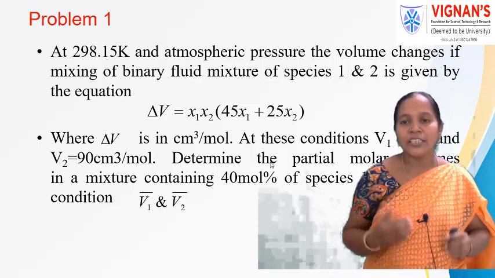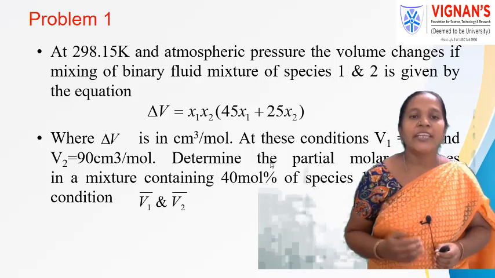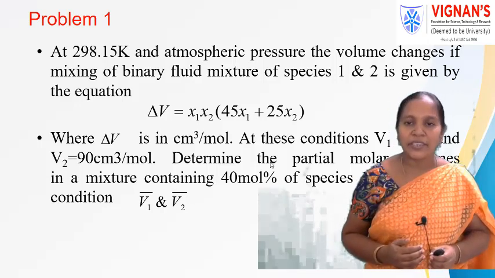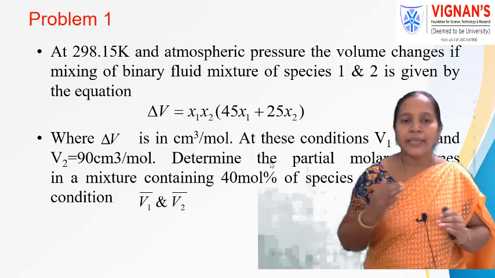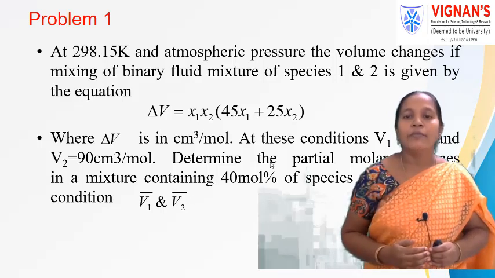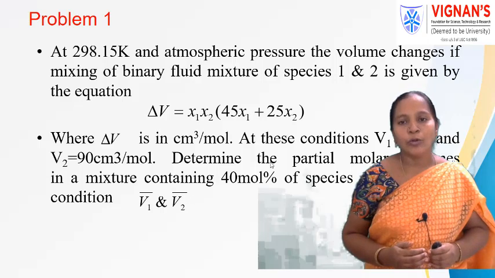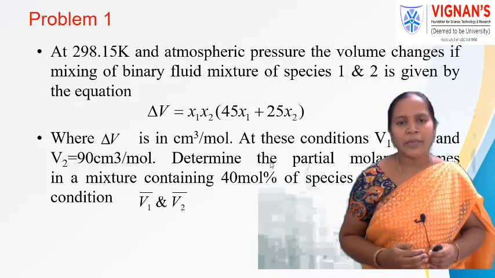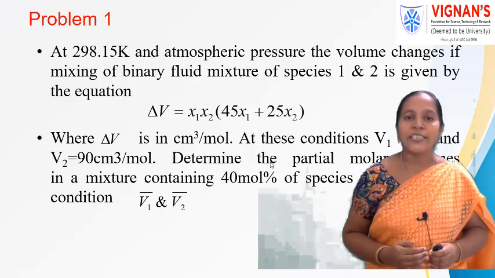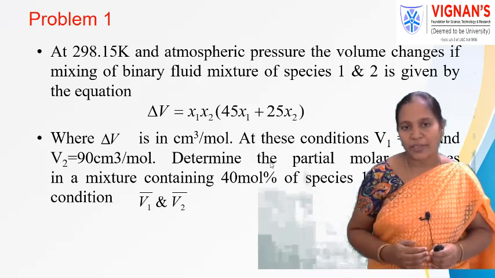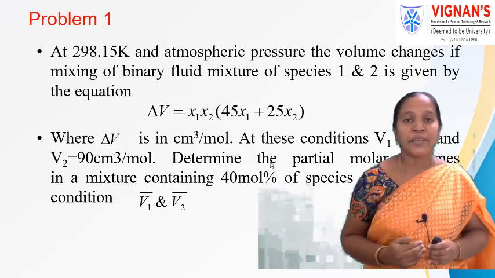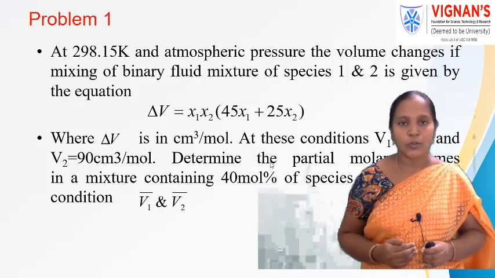Determine the partial molar volumes in a mixture containing 40 mole percent of species 1 at the given conditions, V1 bar and V2 bar. Here, our aim is calculation of partial molar properties, that is, partial molar volume of species 1 and species 2.